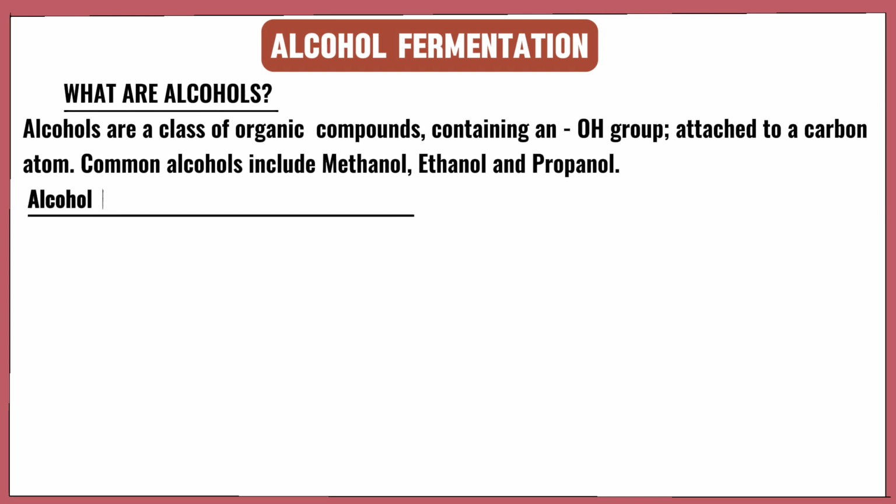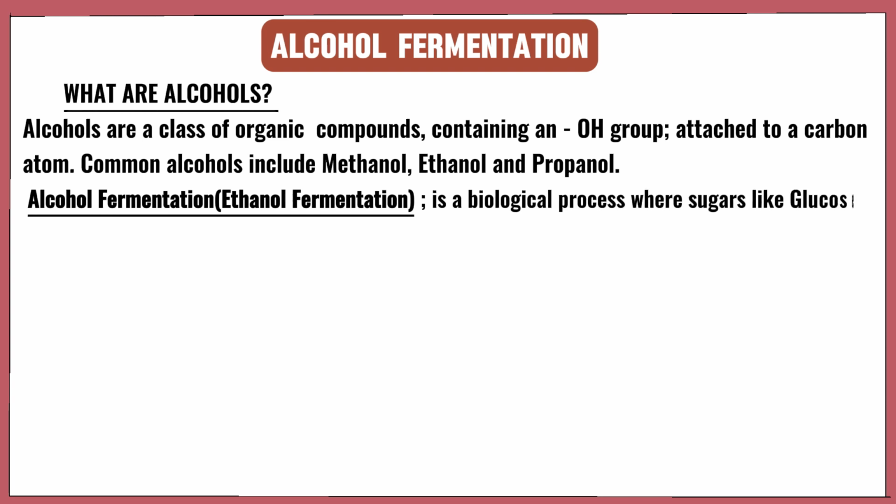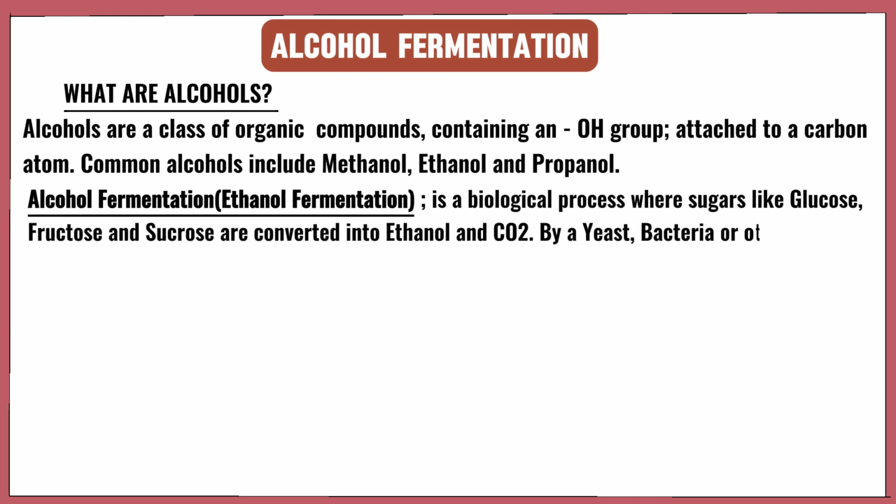Now, alcohol fermentation, which is also known as ethanol fermentation, is a biological process where sugars like glucose, fructose, and sucrose are converted into ethanol and carbon dioxide by yeast, bacteria, or other microorganisms.